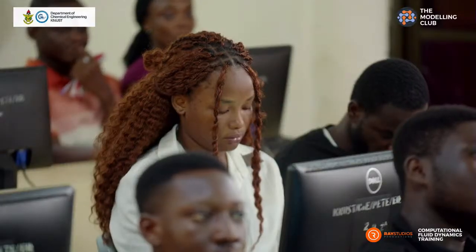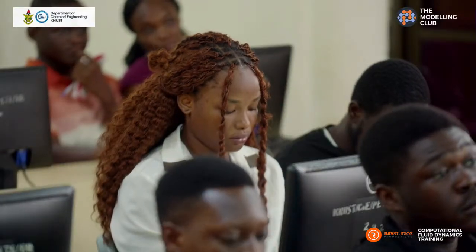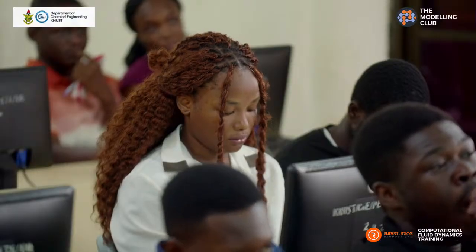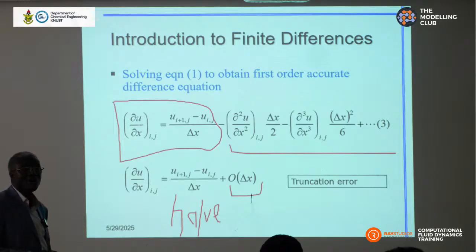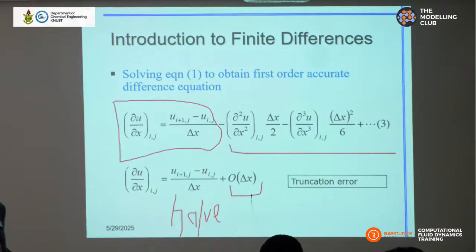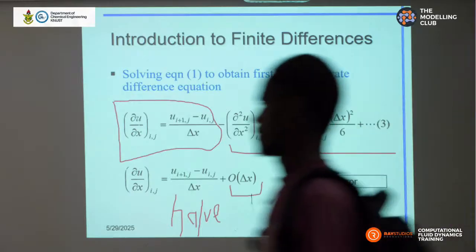So from the Taylor series expansion, how do we now replace the derivative terms in our governing equations?